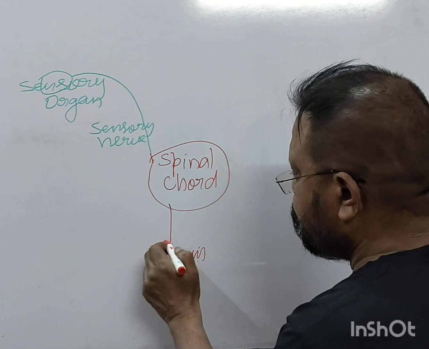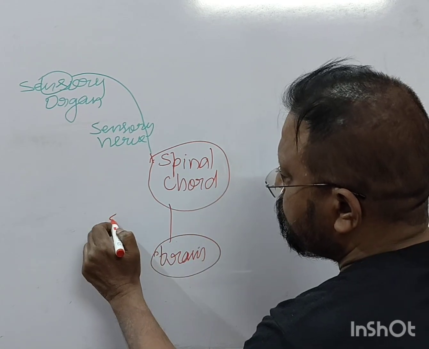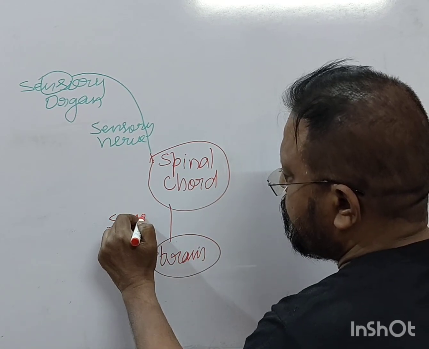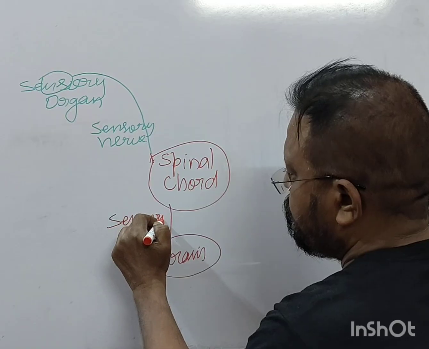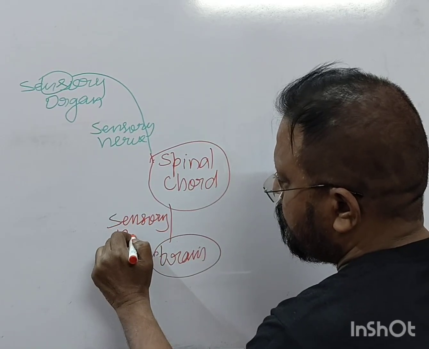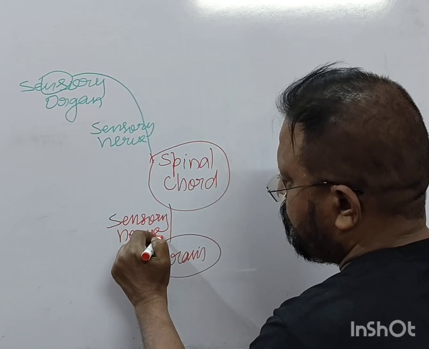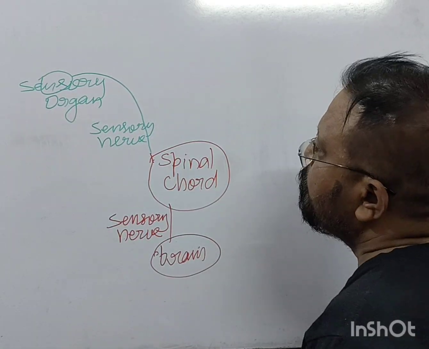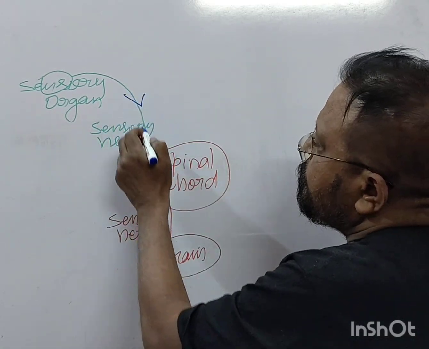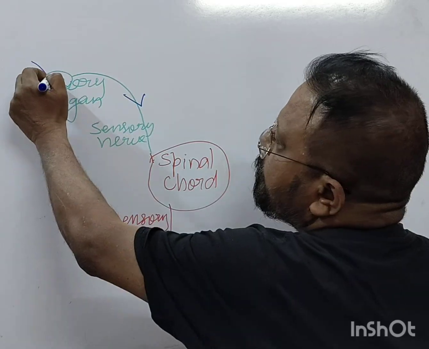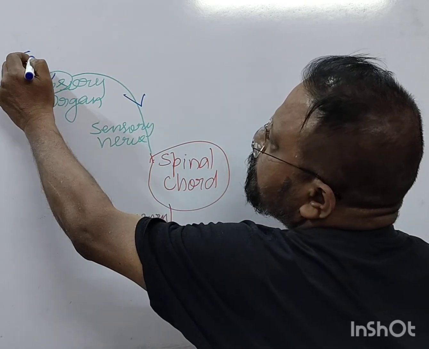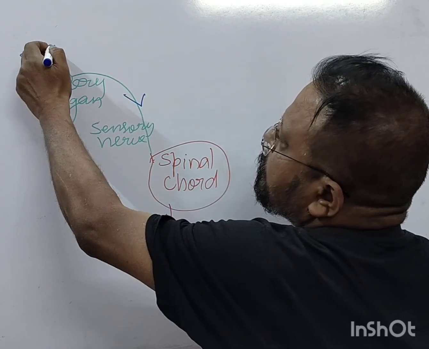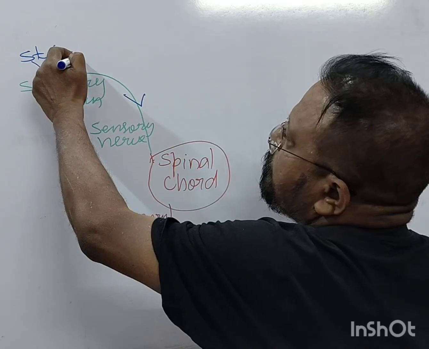The brain is also connected by a sensory nerve. So it is coming like this. Here is the received stimulus.